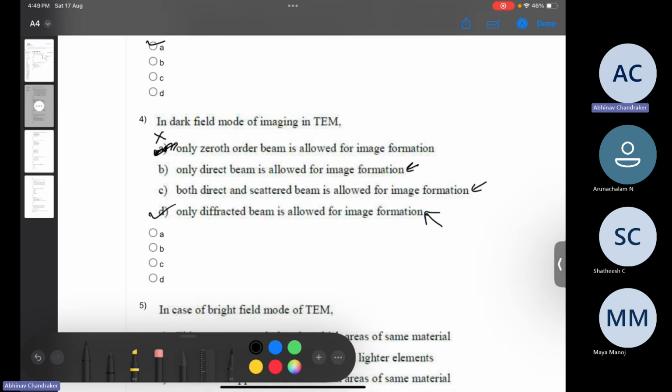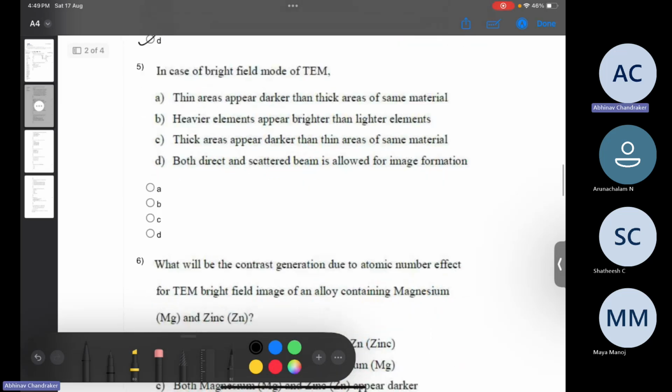So the reason was that when we want to get crystallographic information of the different regions of the specimen, we want to choose certain diffracting planes from which we want information, and see which regions of the specimen have more of those diffraction planes. So that's why we use dark field mode of imaging, and the option is D.